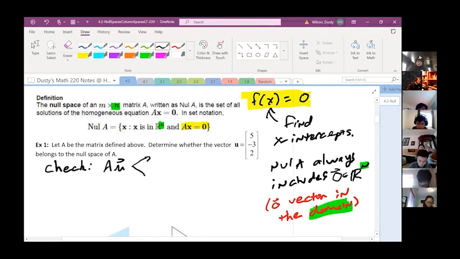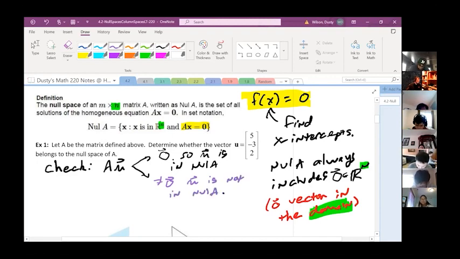It'll equal one of two things. What are the two things that Au could be equal to? If it's equal to 0, that tells you u is in the null space. Or it could be not 0, in which case u is not in the null space.